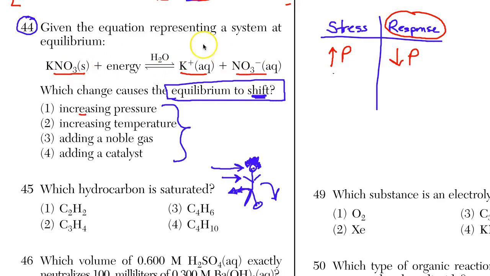Because there are no gases in both sides, if we were to have a pressure stressor, okay, we would always, if the reaction has too much pressure, it would shift to the way, left or right, to lower the pressure by going to the side that has less moles of a gas. Because there's no gas on either side, 0 moles of gas on this side and 0 on this side, this has absolutely no effect. So therefore, this does not cause a shift.